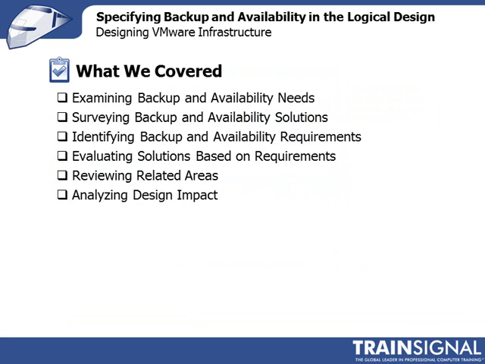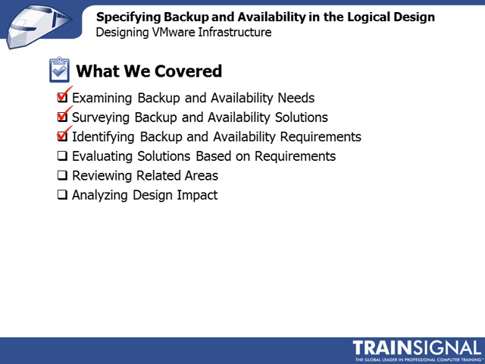As we wrap up this lesson on specifying backup and availability in the logical design, let's quickly review what we went over. We first started out with examining the backup and availability needs. How do we define backup and availability, and are there some broad buckets that we can use to describe the features that need to be specified in the logical design based on the design factors? We then moved into looking at some potential solutions that we could plug in to help satisfy those design factors.